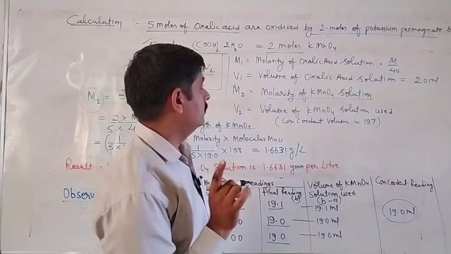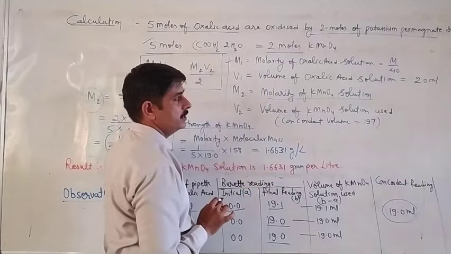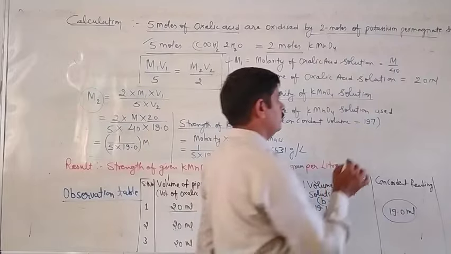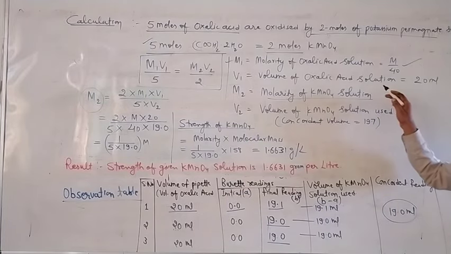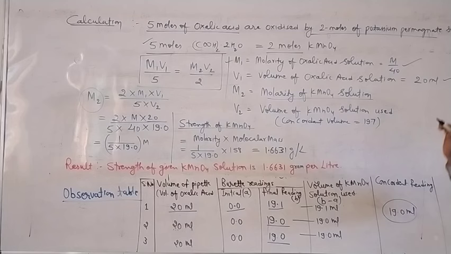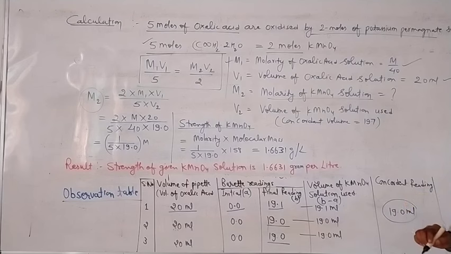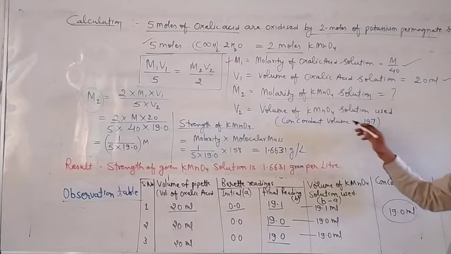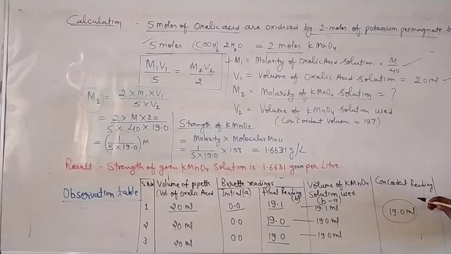We should remember these things also: M1 is the molarity of the oxalic acid solution, that is M upon 20. This is a given value. Next is the volume of oxalic acid solution, that is 20 ml. It is also given. The molarity of KMnO4 solution, we have to calculate. And the volume of KMnO4 solution used is 19.0.